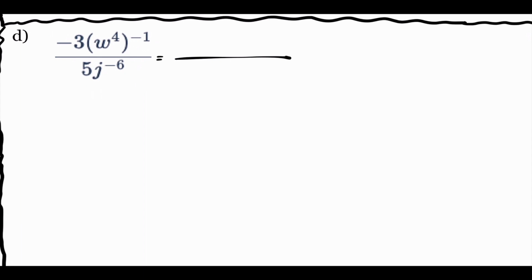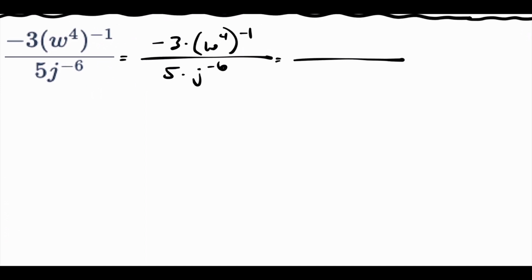If it doesn't already have a power, it's not going to get one. The -1 is only going to go with the W to the 4th. So W to the 4th times -1 power makes -4 power.